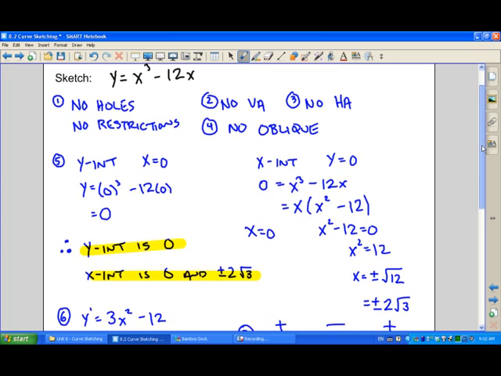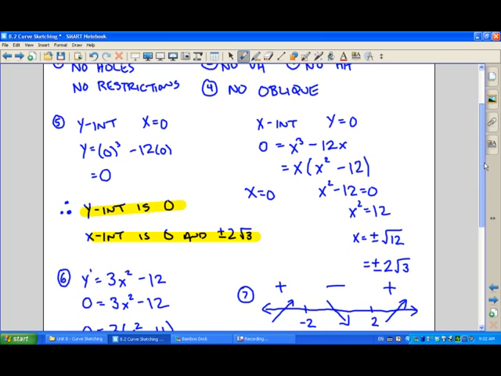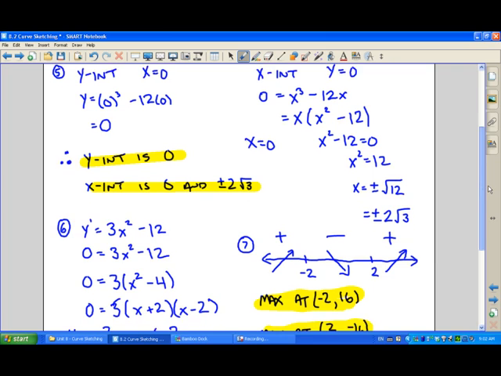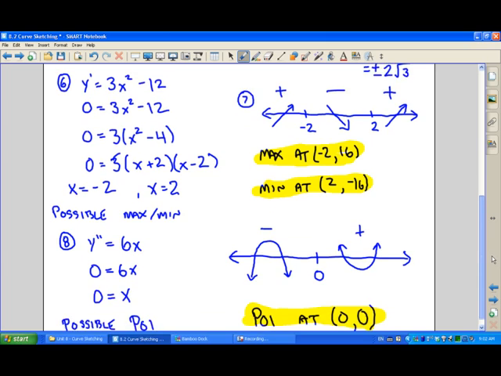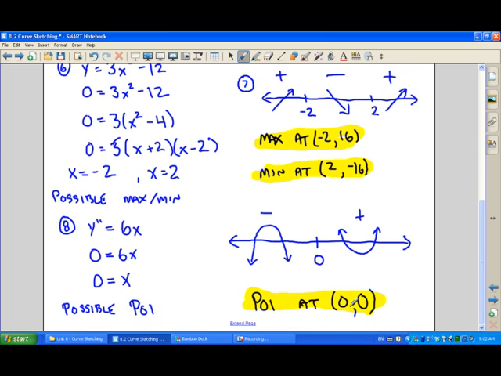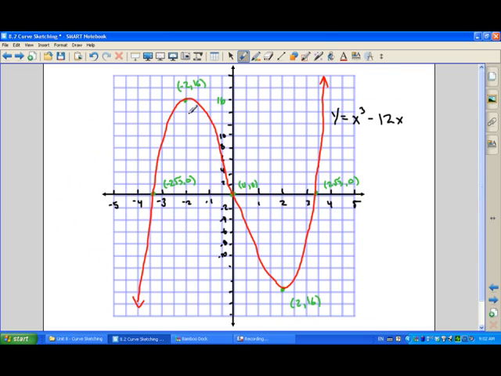Identify holes, asymptotes, restrictions, find your x and y intercepts, find your intervals of increase and decrease and your max and min values, identify points of inflection and concavity, and then take all the information, mark it as accurately as possible on a graph, mark your scale, x and y axis, sketch the curve as smoothly as possible through those points, and label your curve. If you can do that, you'll get perfect every time.